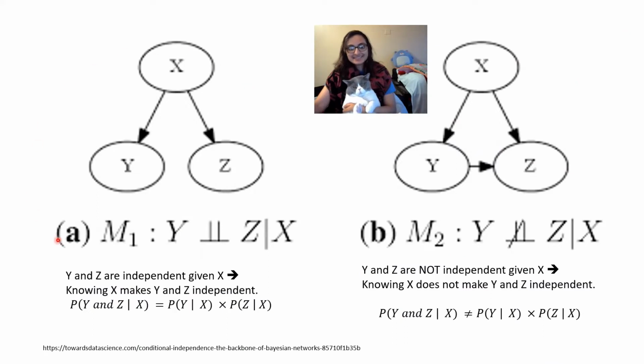So this is just another example of a common cause.